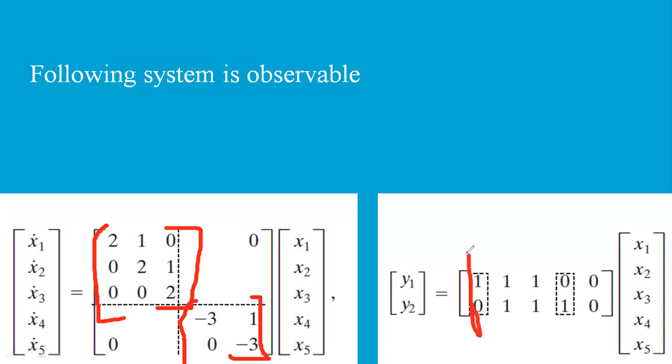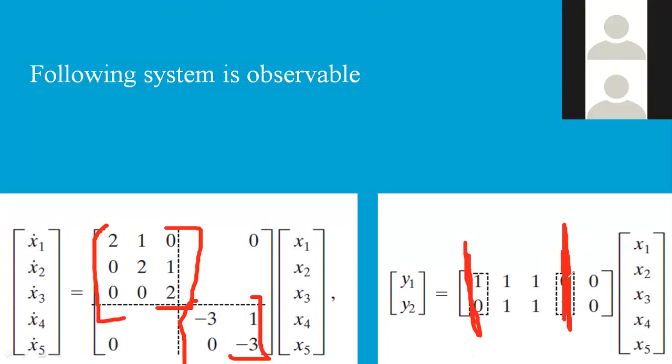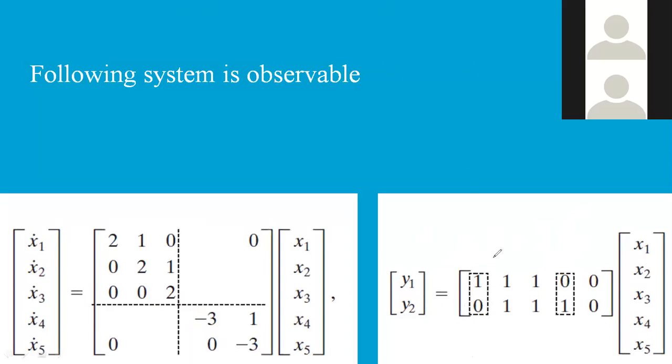This is the first column corresponding to the first row of the first Jordan block, and this is the column corresponding to the first row of the second Jordan block. You see these two are non-zero columns, so the system is completely observable.